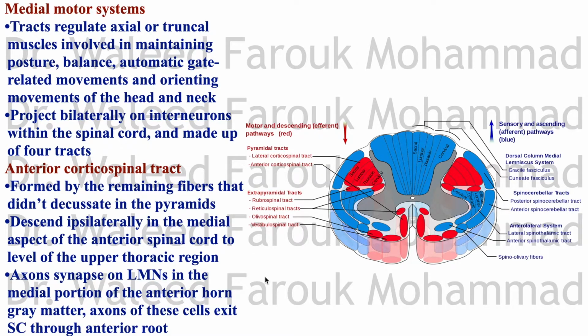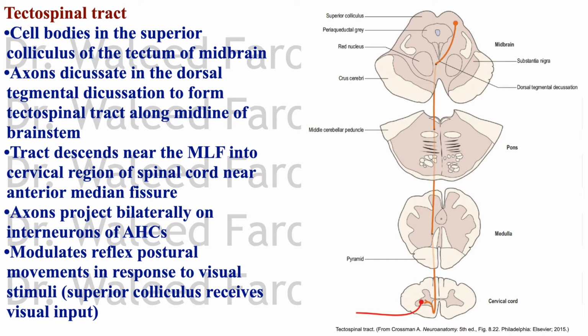Axons synapse on lower motor neurons in the medial portion of the anterior horn of the gray matter, and axons of these cells exit through the anterior root of the spinal nerve emerging from that particular segment of the spinal cord. This is the anterior corticospinal, the first of the medial motor system.